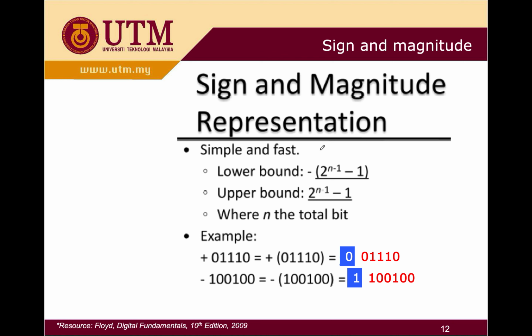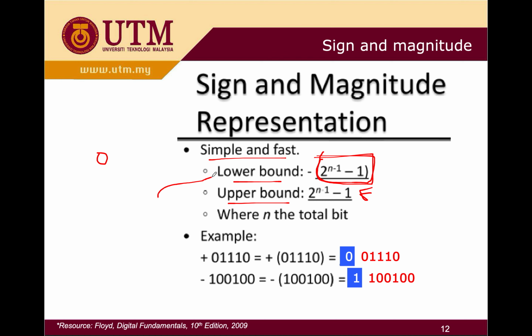Before that, you already learned this for unsigned numbers. It is a similar equation, simple and fast, with a lower bound, the minimum, and an upper bound. The minimum for an unsigned number is 0.